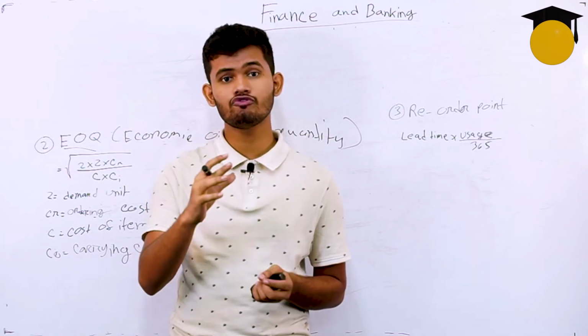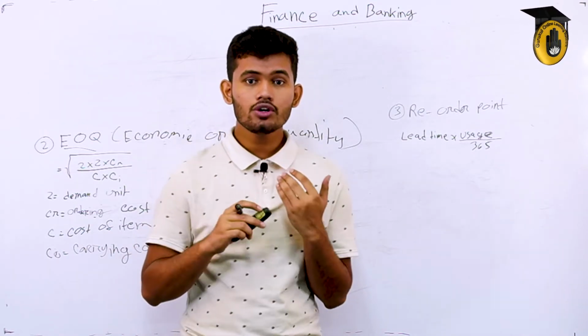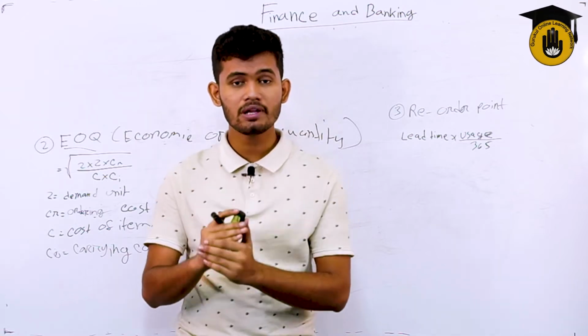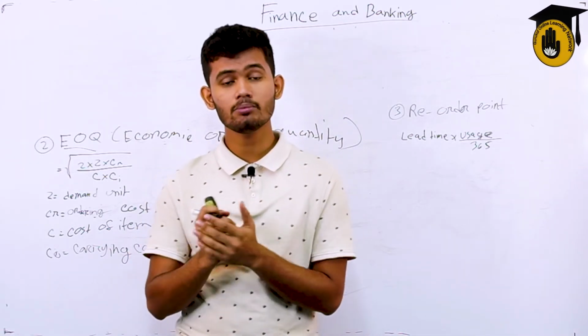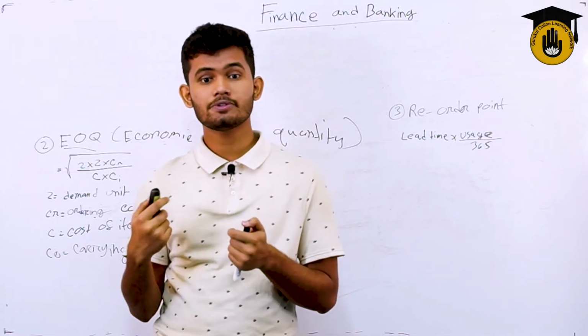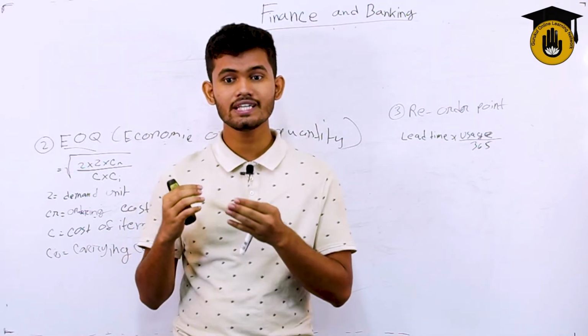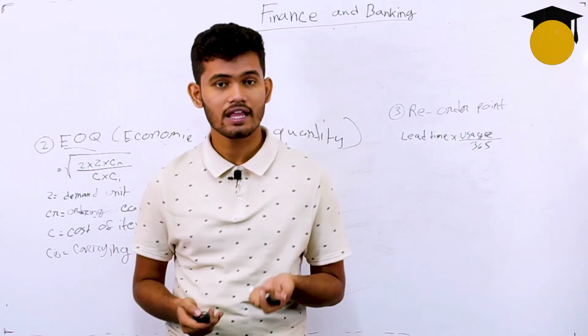It will literally be off the charts. A huge amount of loss will be incurred. That's why EOQ helps us develop the optimum level of inventory cost with the minimum amount of money used. So in order to minimize the total inventory cost, we need to keep this in mind while ascertaining the economic order quantity.